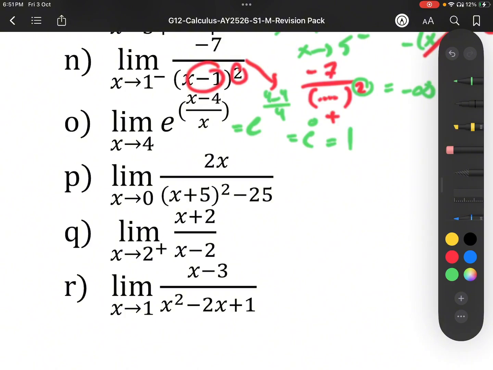When x goes to 0, 0 plus 5 to the power of 2 minus 25 is going to be 0 over 0.